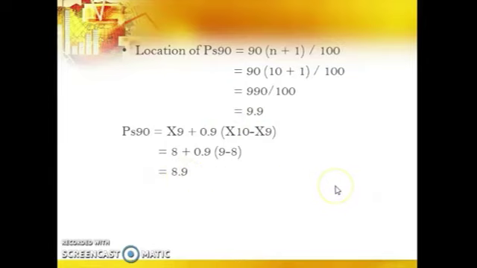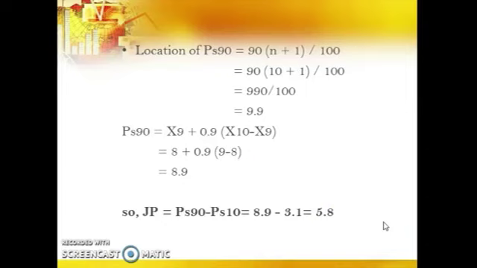After that, we input the values of percentile 90 and percentile 10, and we get the percentile range is 5.8. Once more, the percentile range is 5.8. Very easy, right? With this, the percentile range is complete.